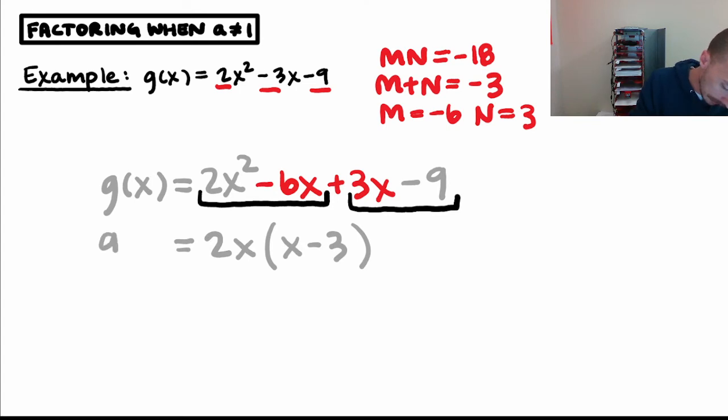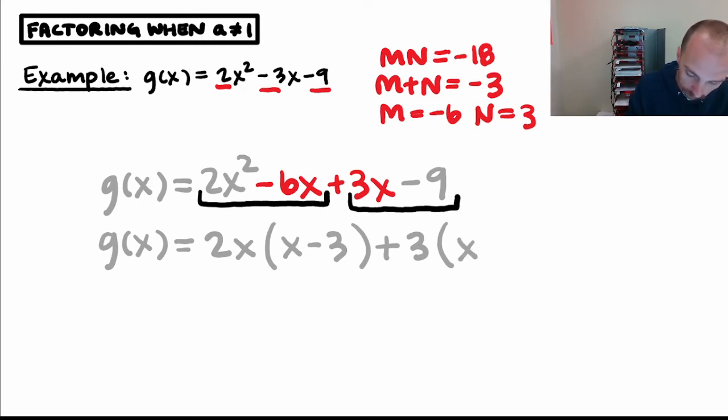Then for the second two terms, what's the greatest common factor of 3x and -9? I think it's just the 3. So I factor out a 3, and I'm left with an x and a -3. Now if you've done this right, you should see the same thing left behind in both.